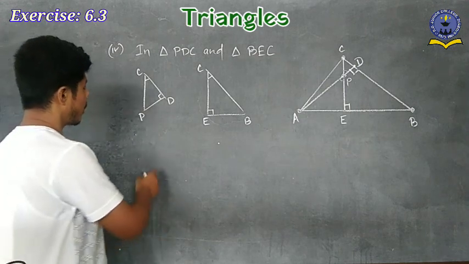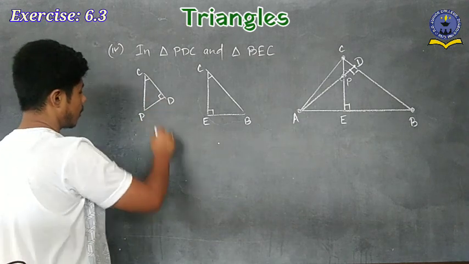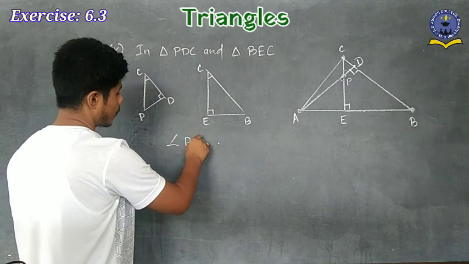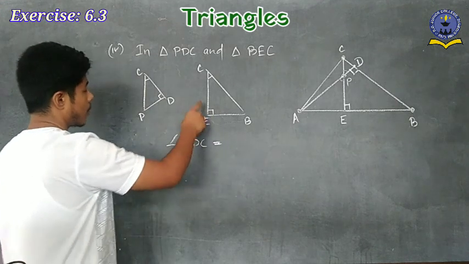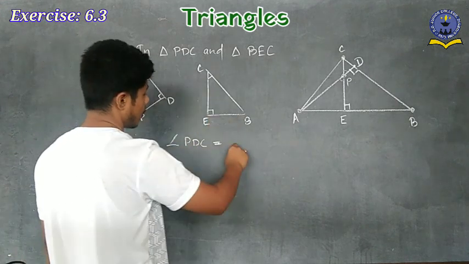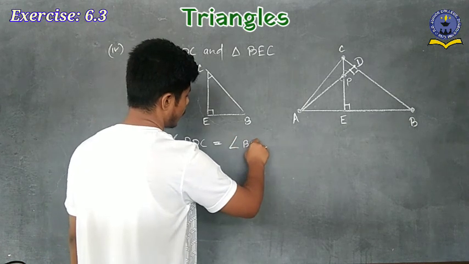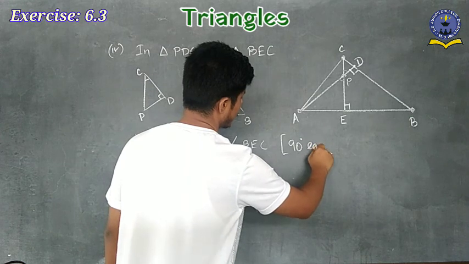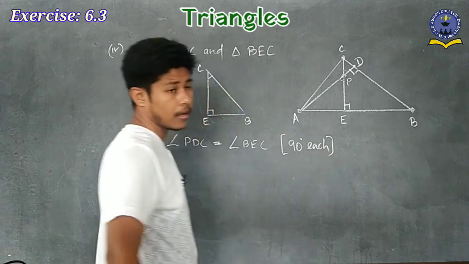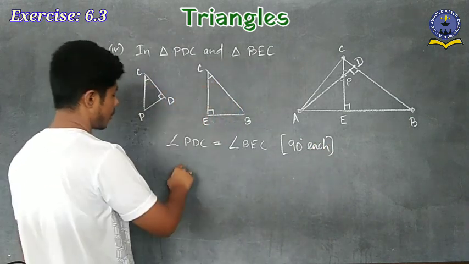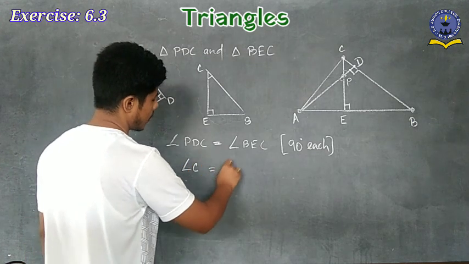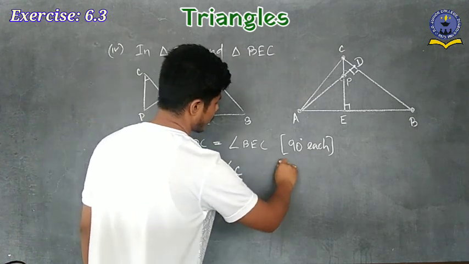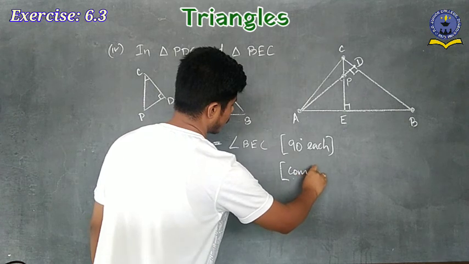So that's why what you have to write here: first of all, angle PDC is equal to angle BEC, and this one we have to write 90 degree each. Is it clear? And the next one, C equal to C, so you have to write here angle C is equal to angle C. This one we have to write here common.